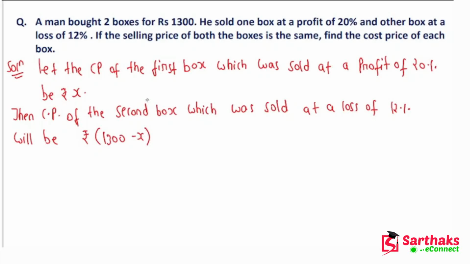Why? Because you can clearly see the cost price of both the boxes combined was 1300 rupees. So if one box costed rupees x, the other would cost rupees 1300 minus x.